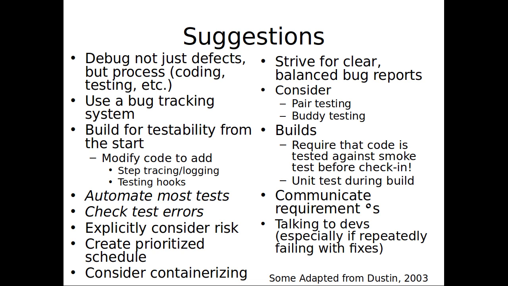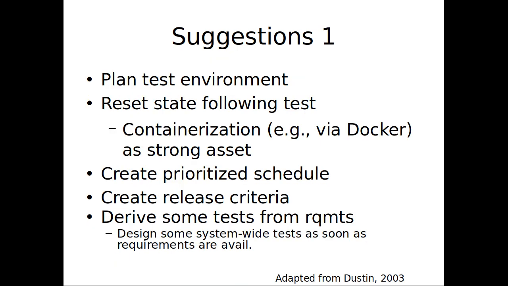Okay. Make sure the code is tested against the smoke test before check-in if possible, and do unit tests during the build. And make sure requirements are transmitted within the team, and make sure the testers talk to developers on an ongoing basis.